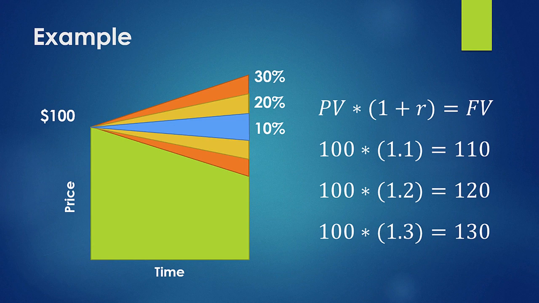Less risky investments would have smaller zones because there's more certainty of where those prices are going to end up. And so this is a huge concept to understand, that when we're dealing with our investments, we're dealing with these zones of possible price fluctuations out into the future. And these zones are based on our assumptions.